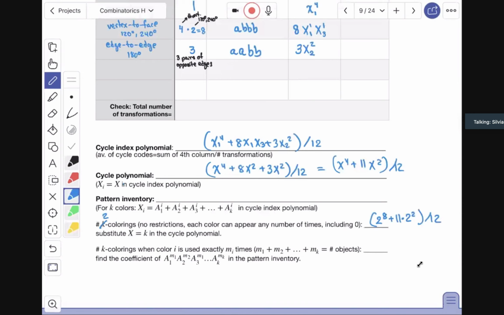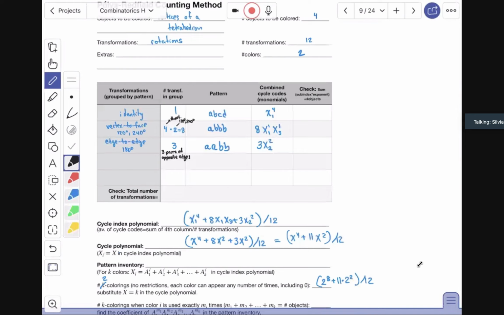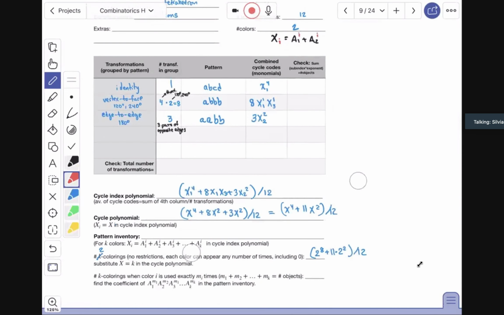I said 2 colors, right? So I can use A1 plus A2. And so each xi is replaced by A1 to the i plus A2 to the i. So my pattern inventory, I go back to this original one, right?